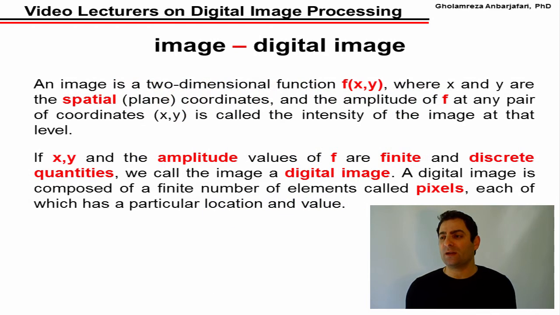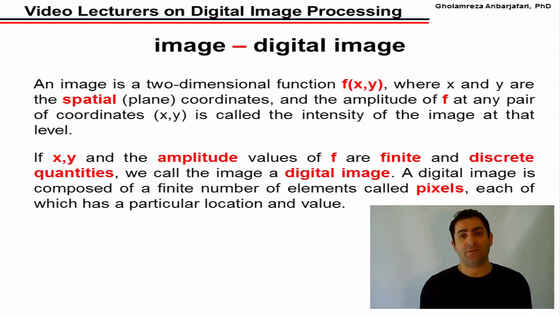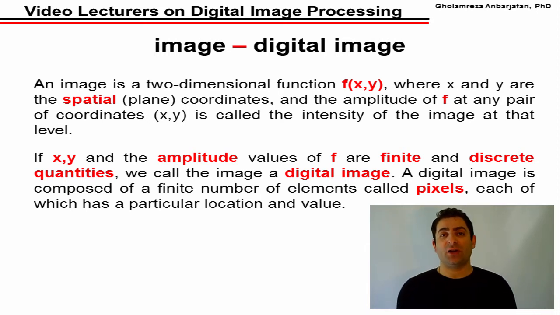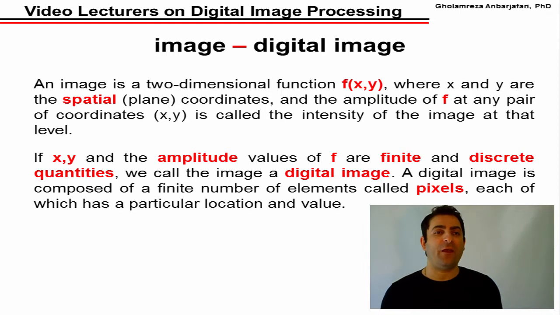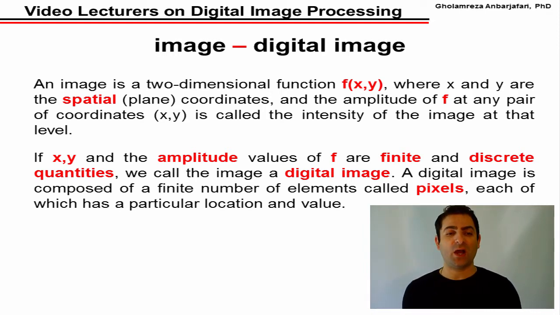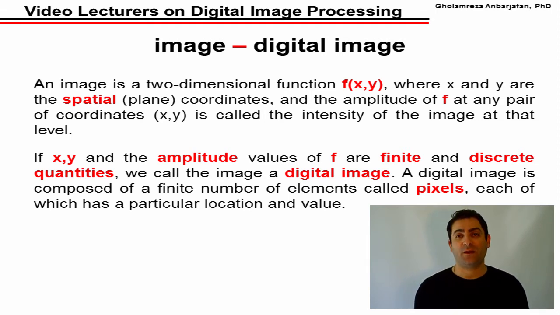Now we start by defining what is an image and what is a digital image. An image is a two-dimensional function f of x and y, where x and y are called the spatial or the plane coordinates. So as you can see, an image is represented as a matrix from a mathematical point of view.